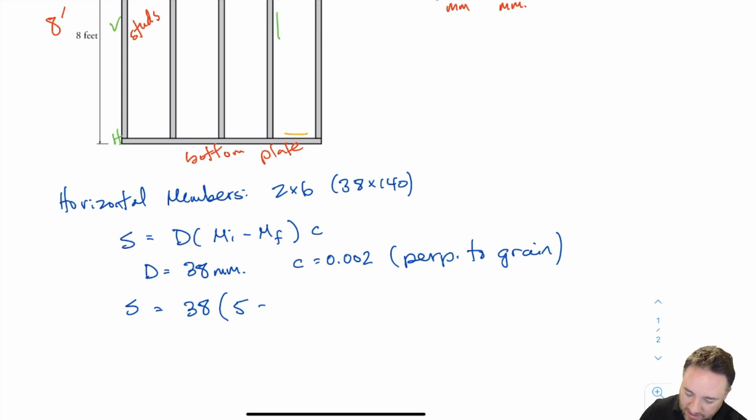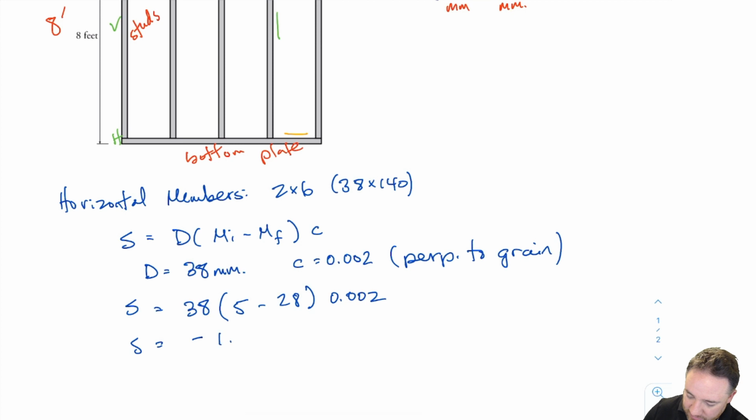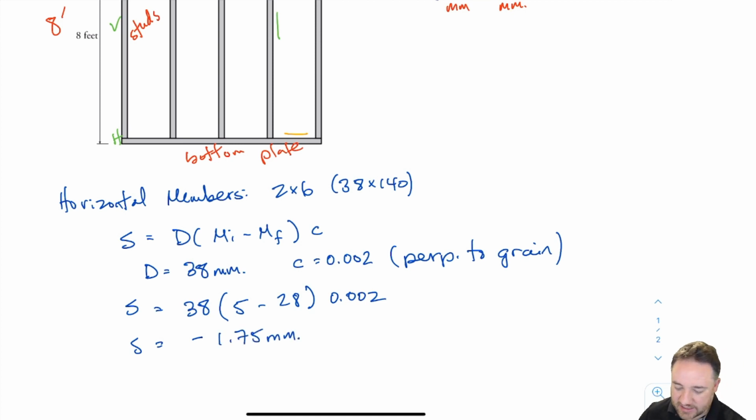I can only swell up to the fiber saturation point, which is 28, and no further. So I don't put 100 here. And then C is 0.002. If I calculate that out, I'm going to get negative 1.75 millimeters, because the D was 38, in millimeters.